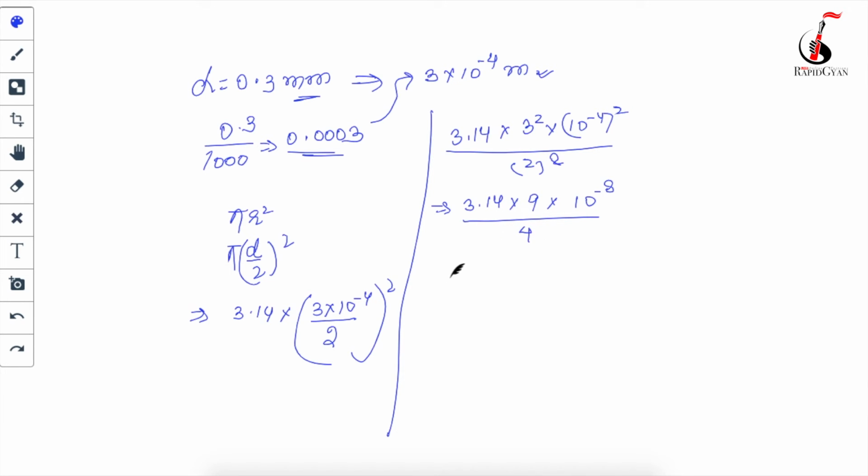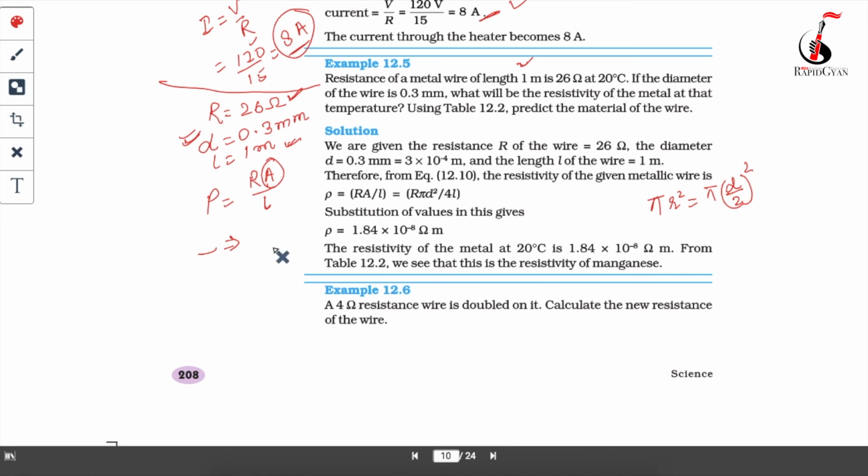And 3.14 into 9, if you do this, you will get 28.26 divided by 4 into 10 to the power minus 8, which is equal to 7.065 into 10 to the power minus 8 meter square. So that's your area of cross section. Okay, so in this section I got my area of cross section.